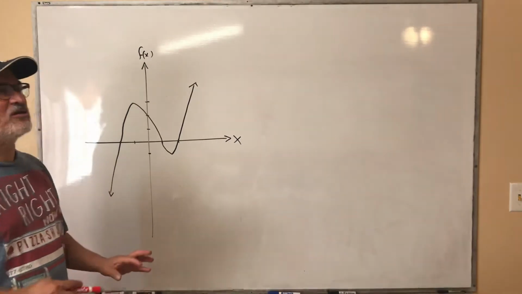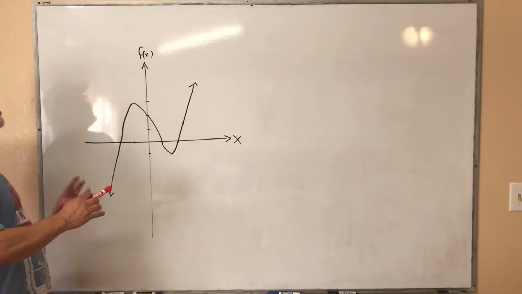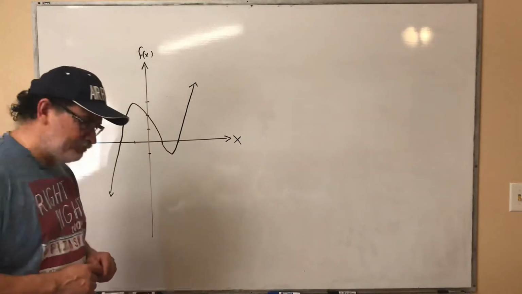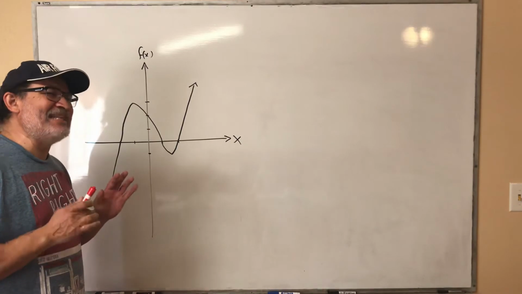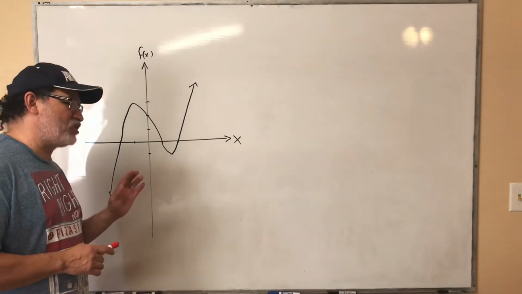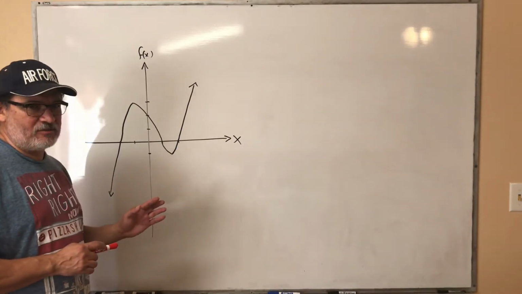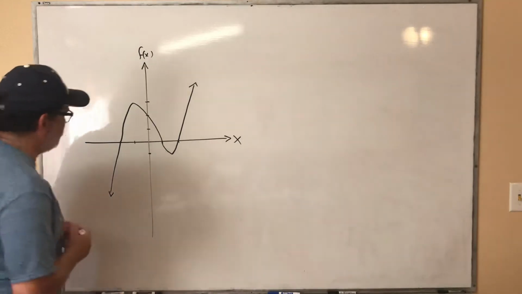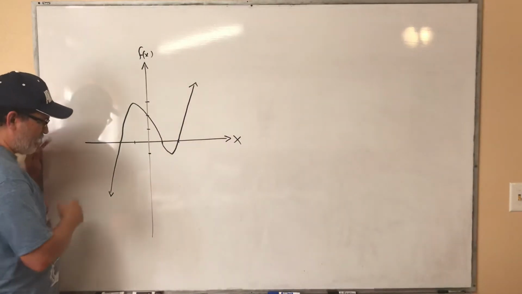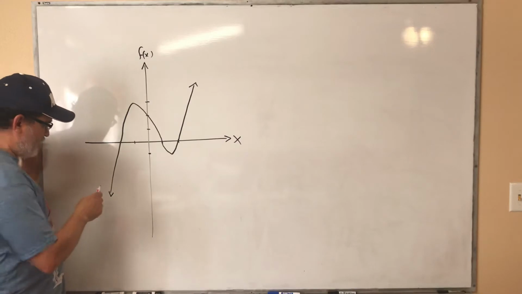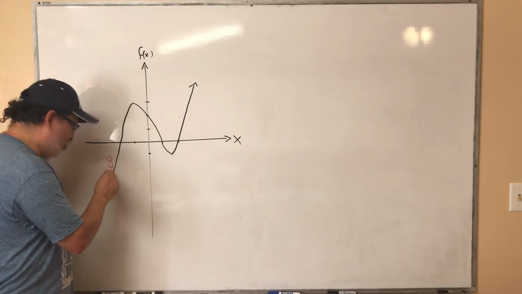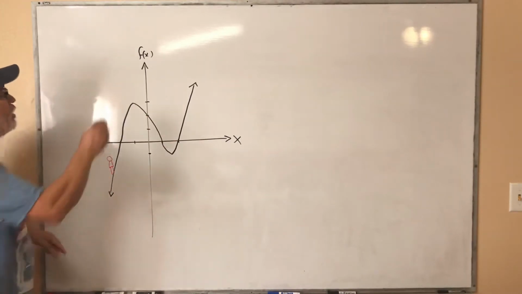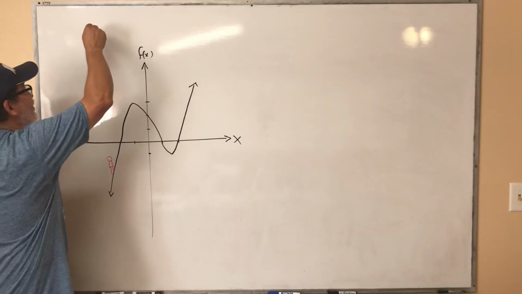So you have to consider every interval where the function is increasing. Okay? So for example, go here. Go to this part of the function and step on it. You're always looking that way.